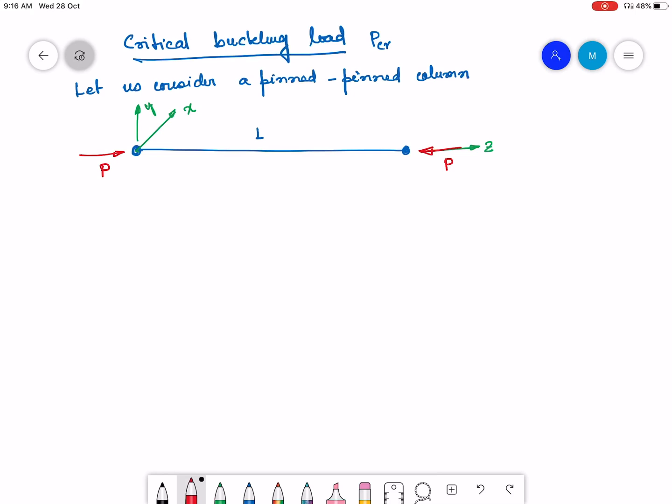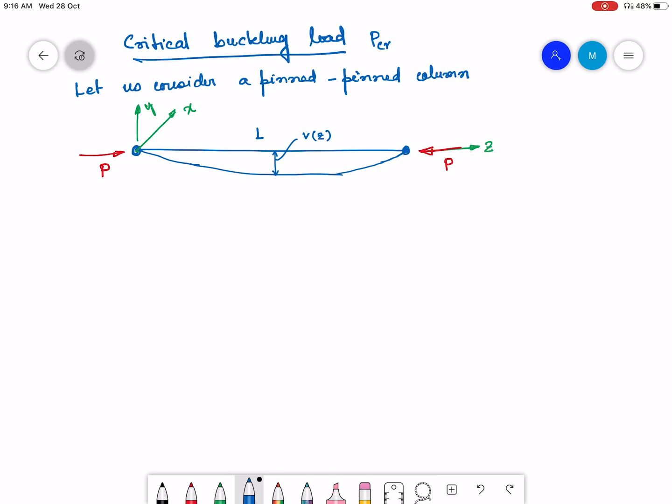Let us consider this to be a perfect column. In order for buckling to get induced, let us consider that it has an initial small deformation, which is defined by small v, a function of z.